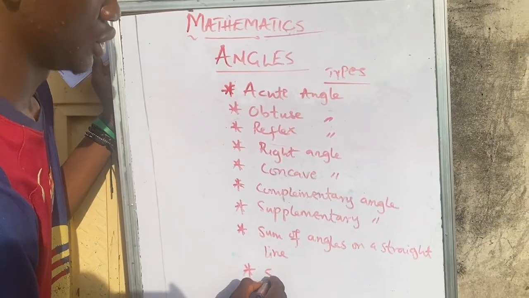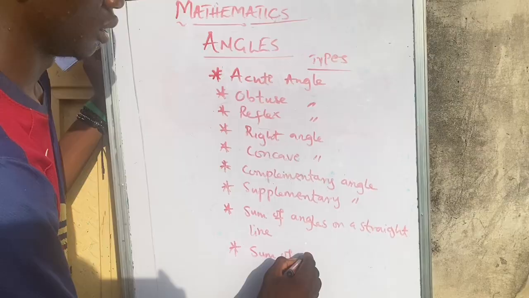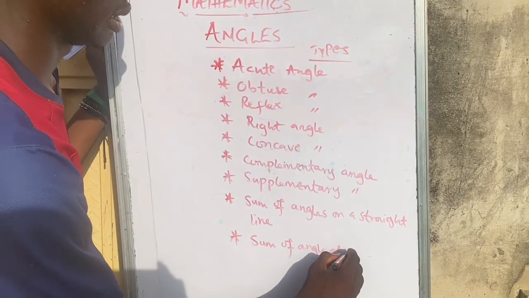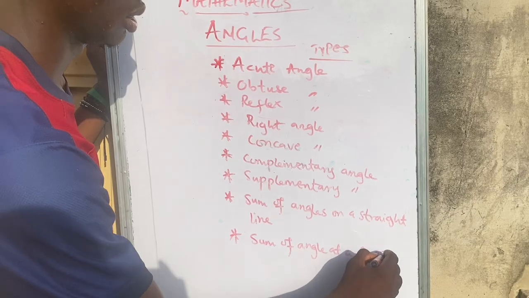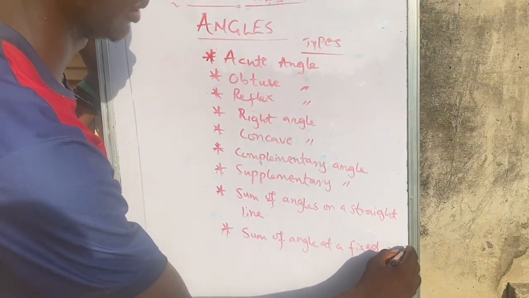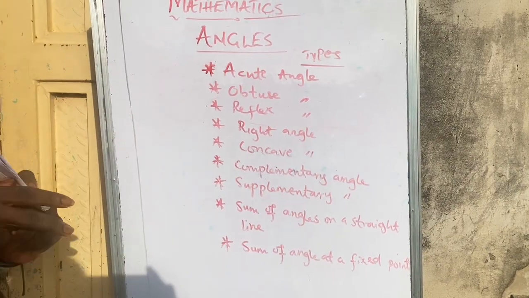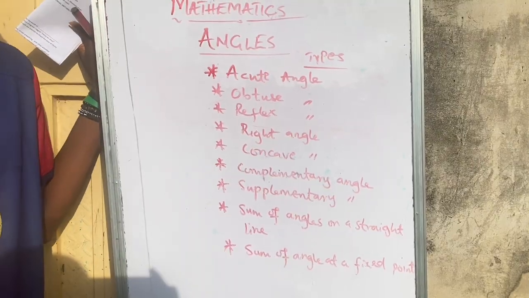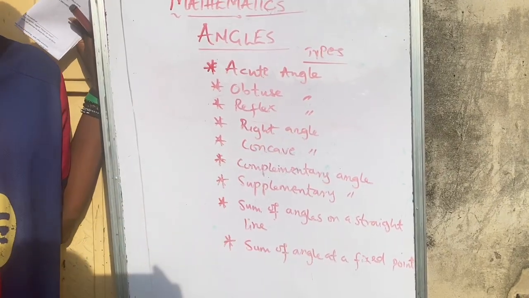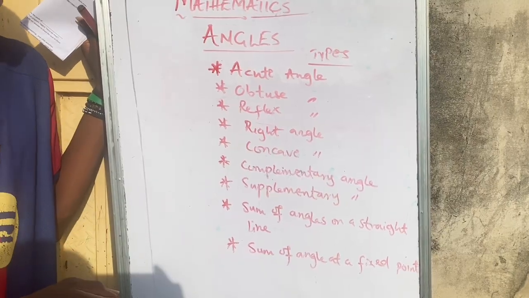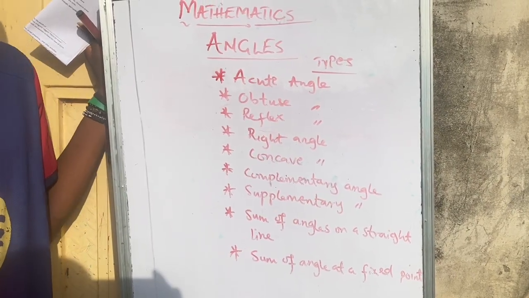We have sum of angles at a fixed point. Okay, so let me start with this. I'll just deal with these few types just to review this topic, so it will help you with that working I did yesterday.